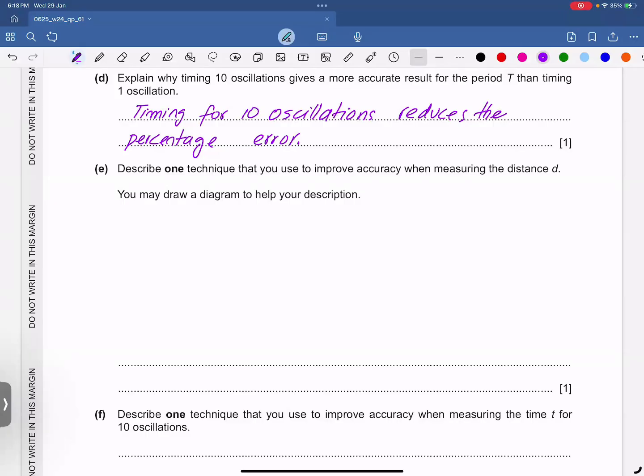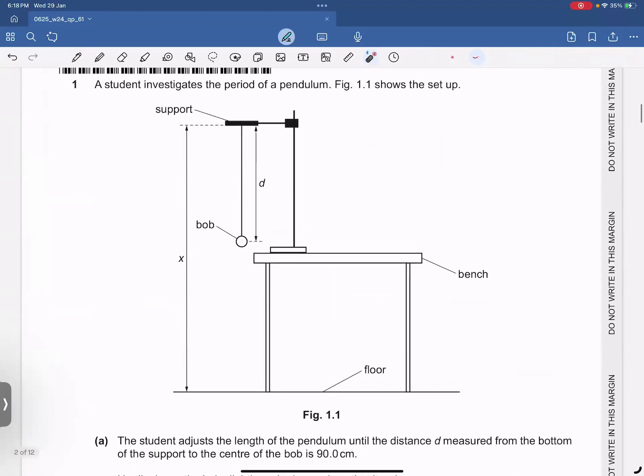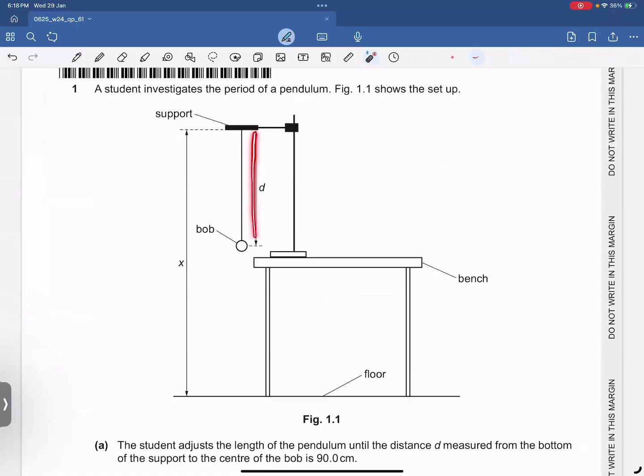Part E. Describe one technique that you use to improve accuracy when measuring the distance d, you may draw on the diagram. Let's go back and we want to measure the distance d. What can we do to measure this distance d as accurately as possible? Over here, some issues are there.